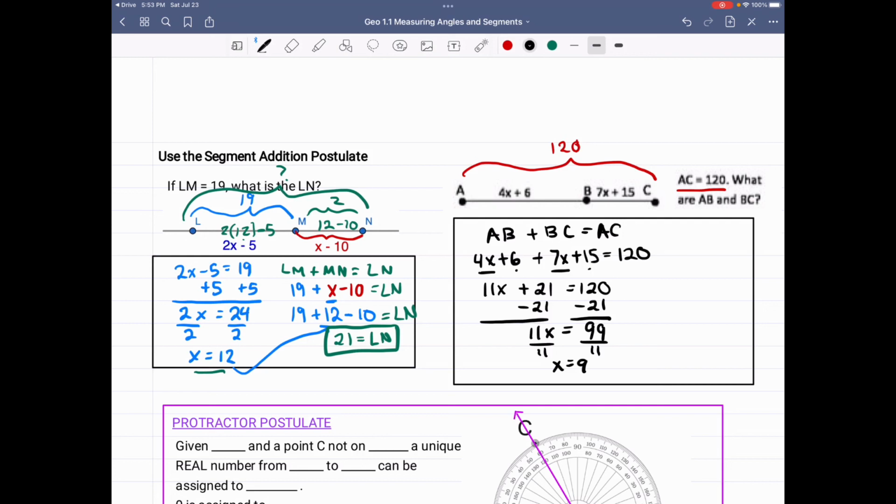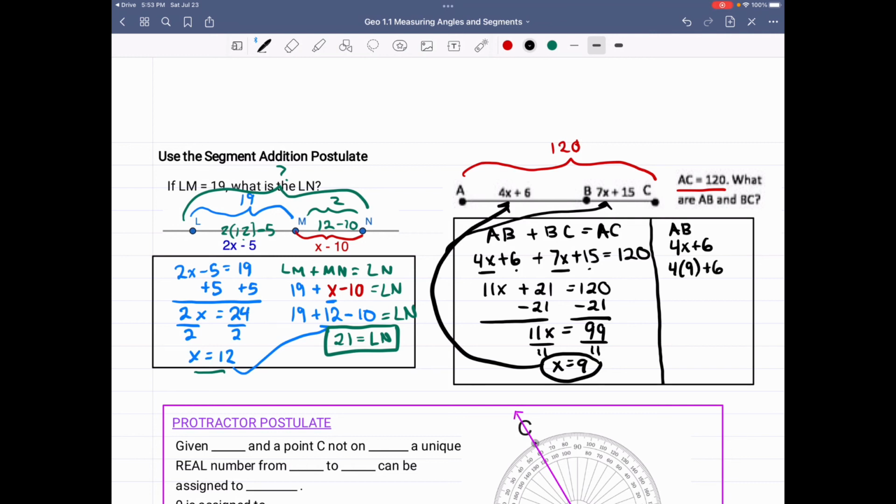So now we can figure out by just plugging this x back into this x and this x, we can figure out what AB and BC are. So AB, that is 4x plus 6. We're going to plug in the x, which we figured out was 9.